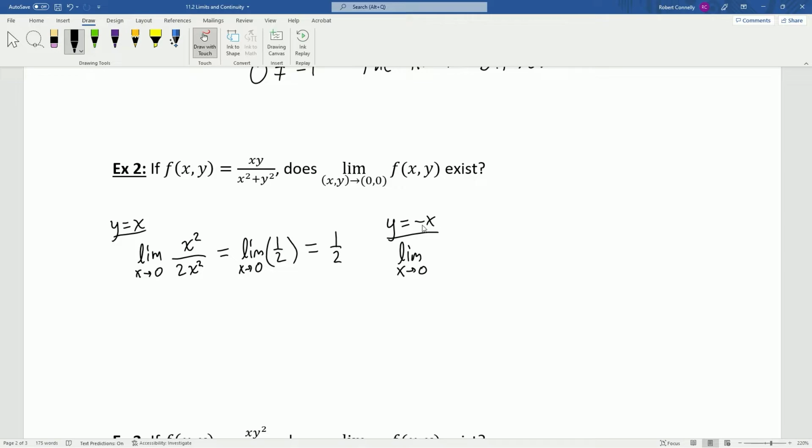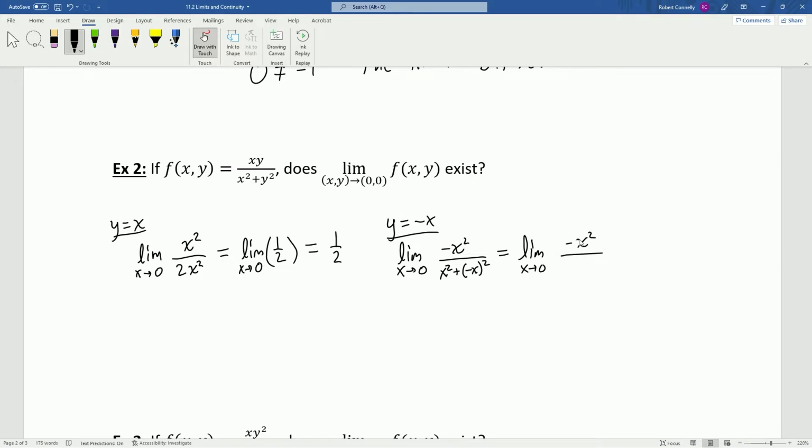So y equals negative x. Up top, I get x times negative x, which is negative x squared, over x squared plus negative x all squared. So that's the difference here. This is x times negative x, so I can pull the negative in front, but here, the negative x is entirely inside this square. So when I square that, the bottom term becomes positive.